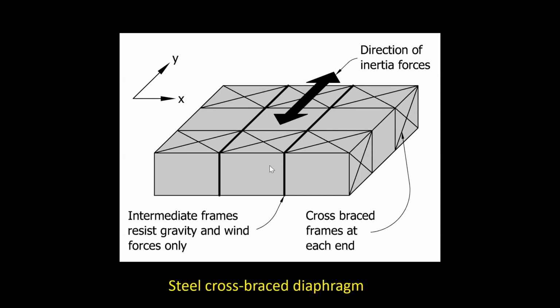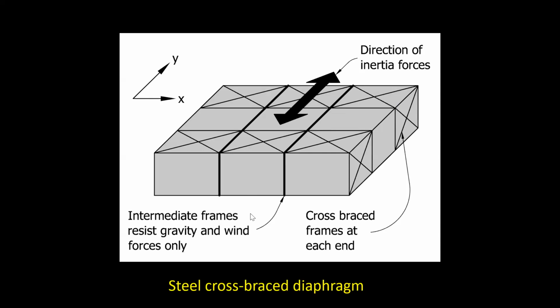So, as I said, for shaking in the Y direction, I have designed two trusses to create a horizontal diaphragm in the Y direction. What about shaking in the X direction?